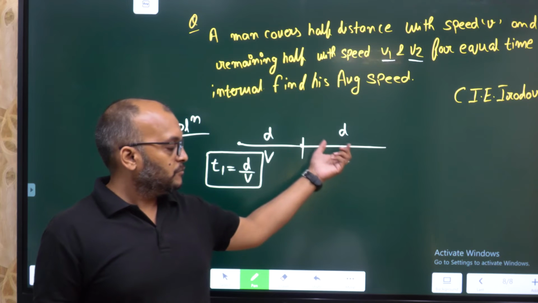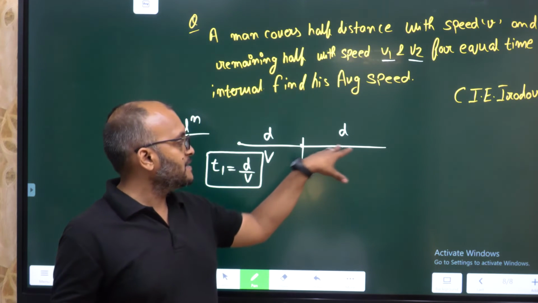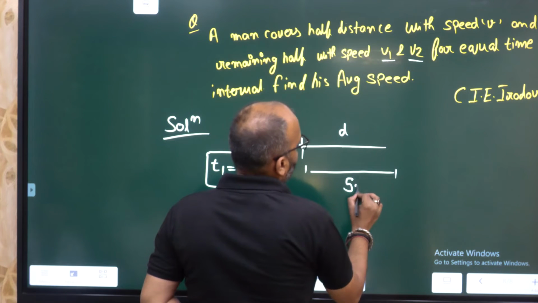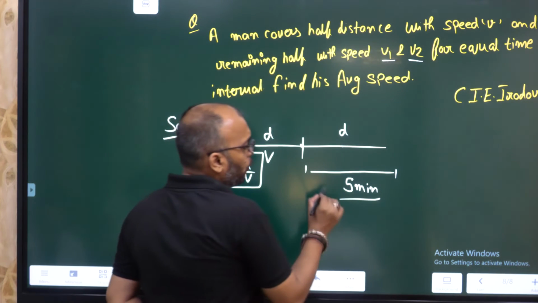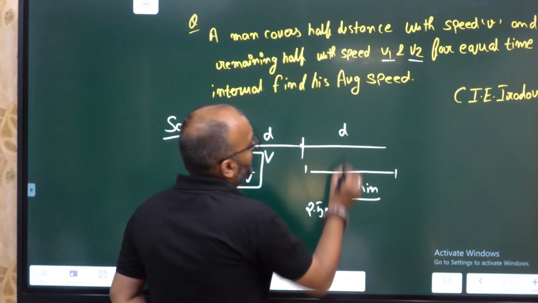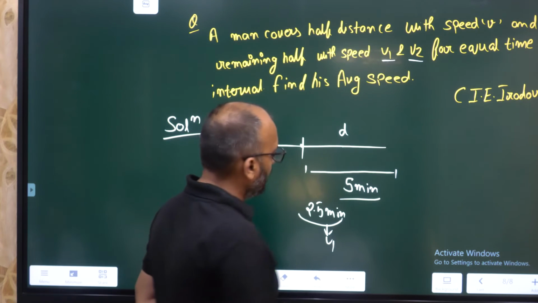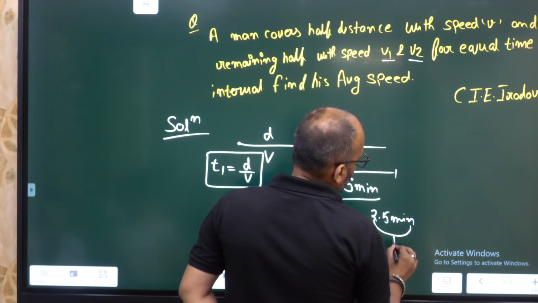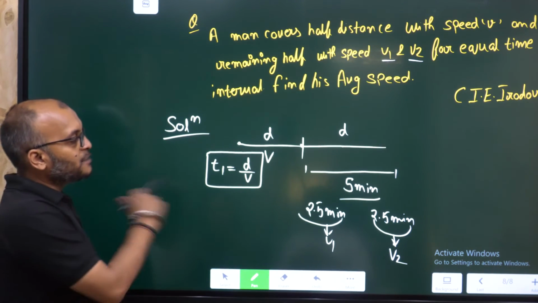For example, if the man is moving for 5 minutes, I am just giving you an example, then for 2.5 minutes he travelled with the speed of V1, and again for 2.5 minutes he travelled with the speed of V2. That's what the meaning is.